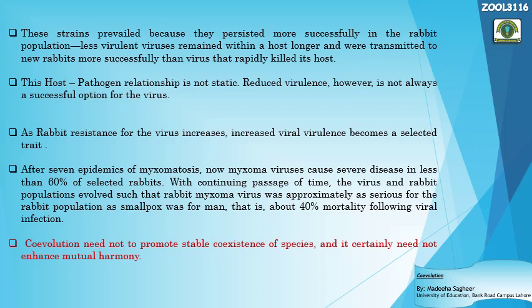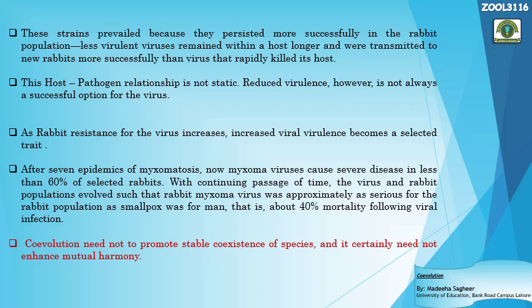In this scenario, we are at the step where the rabbits are much more resistant and the viruses are very mild. Now again, in response to the maximum resistance of the rabbits, selection pressures occur on the myxoma viruses, and they start to change their traits. And what happened? They became more virulent, right?